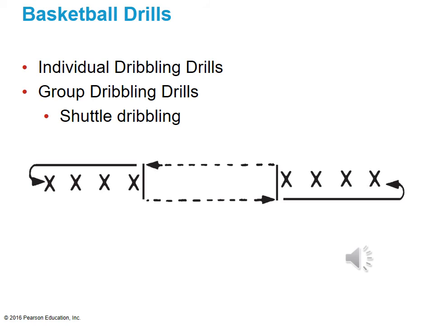That's called shuttle formation. For shuttle turn back, they would dribble there and then give the ball to the next person and then turn back and come back to the same line. It just depends on what type of drill you're doing. If you were to incorporate passing as well as dribbling, they dribble a ways, then pass, then you might want them to turn back and stay in the same line they started in.